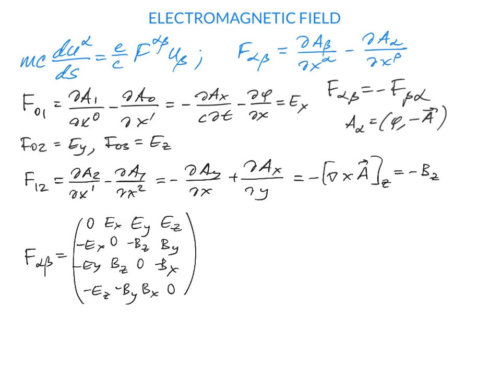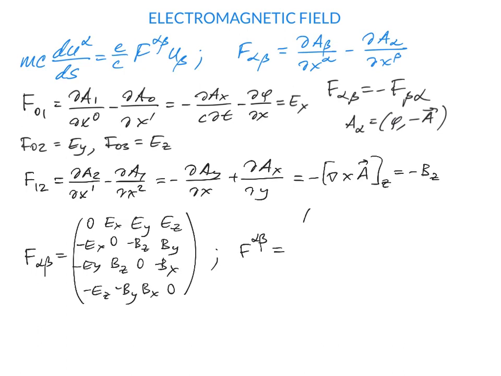The contravariant components: if I want a tensor with two contravariant indices, I need to raise each index. Whenever I raise the time-like index, nothing happens. Whenever I raise a space-like index, there's a minus sign. So if both indices are time-like or space-like, there's no sign change.